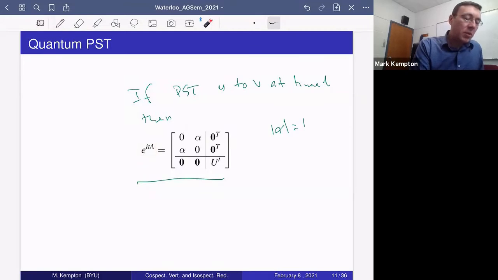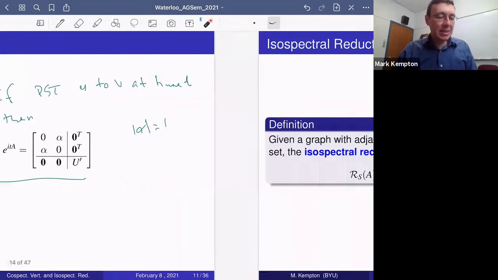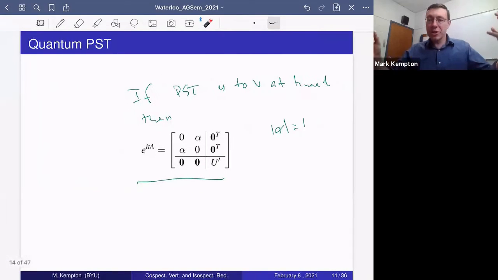So if you restrict those eigenvectors to these two vertices, U and V, those eigenvectors have to work as eigenvectors of this matrix 0, 1, 1, 0. And it's not too much from there to see that that implies that the vertices are cospectral. All right, so that's one of the big motivations behind wanting to understand cospectral vertices.